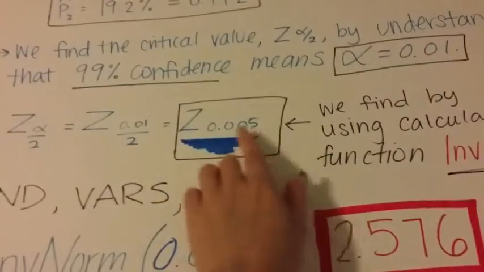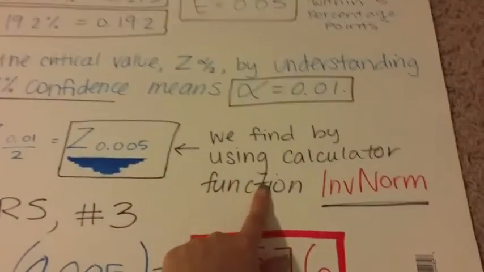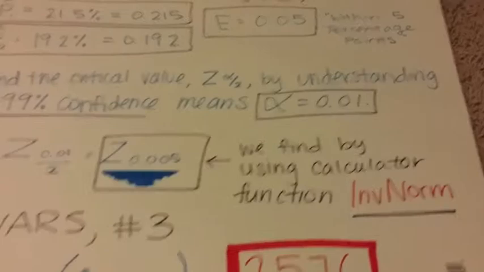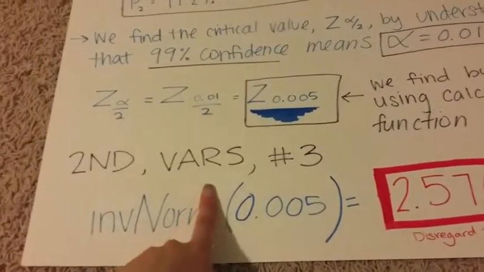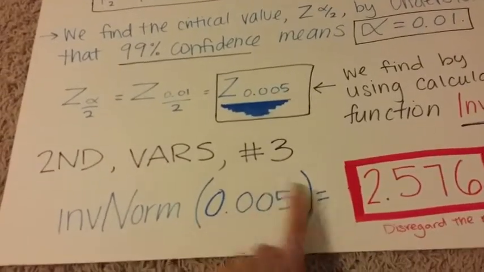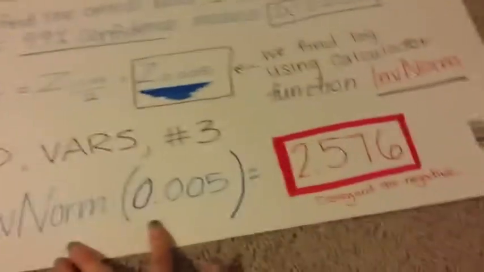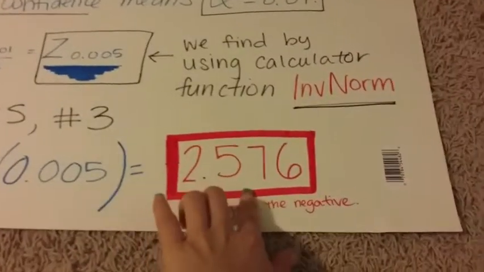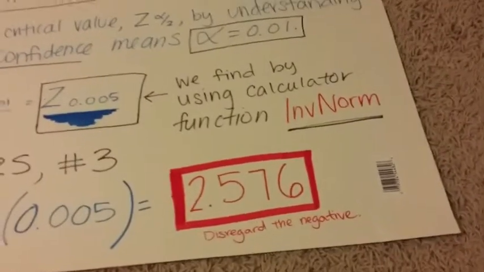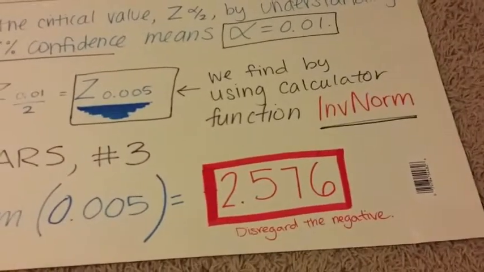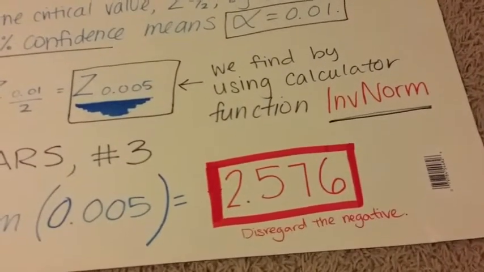And we find this critical value by using the calculator function inverse norm. So you find that by going to second, vars, and then it should be number 3. So when you plug it in, you should get 2.576. It's going to be a negative value, but please disregard the negative because we cannot have a negative sample size anyway, so we're going to use the positive value.